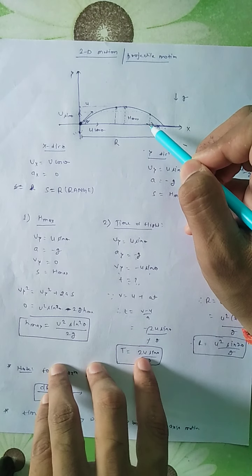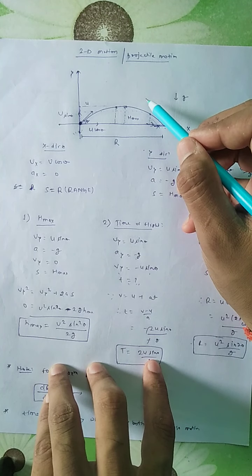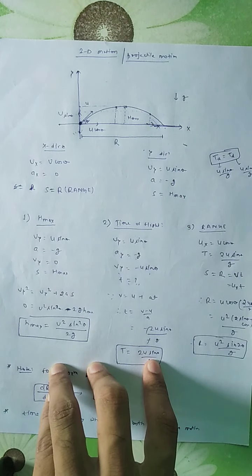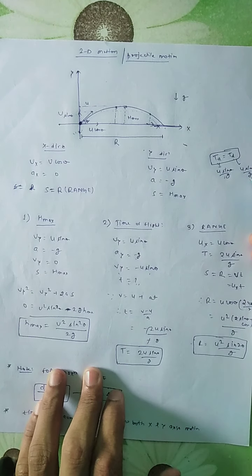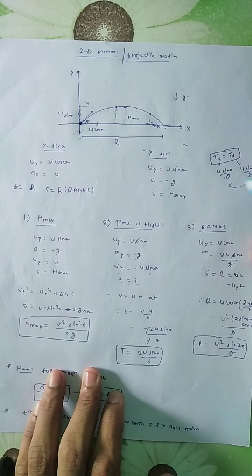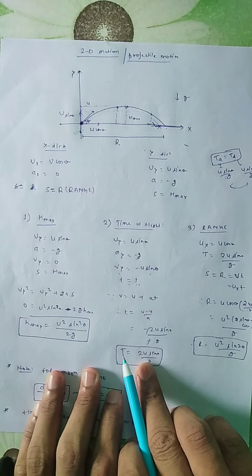So 2u sin theta by g is the total time, so half of it is u sin theta by g. You can say time of ascent is u sin theta by g, and time of descent is again u sin theta by g, and if you add both then it will be 2u sin theta by g.